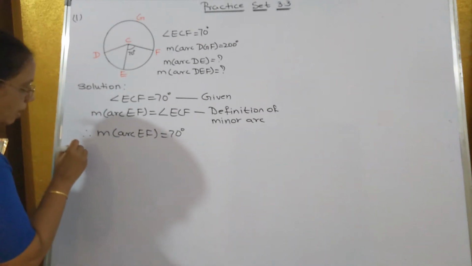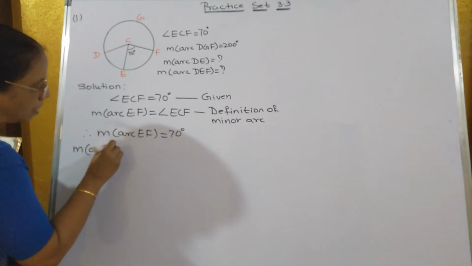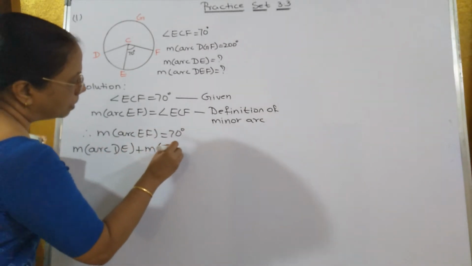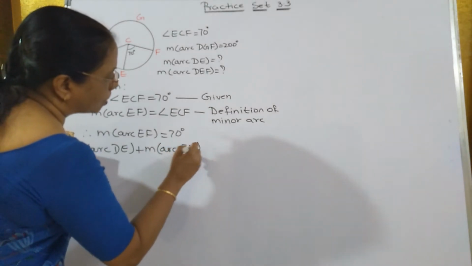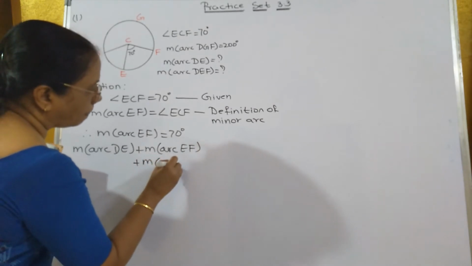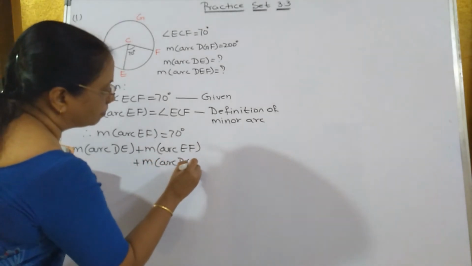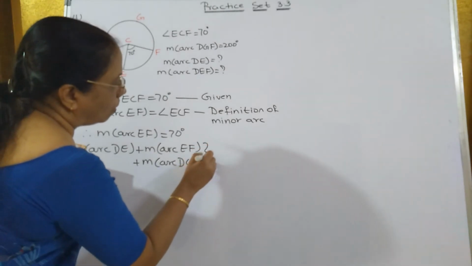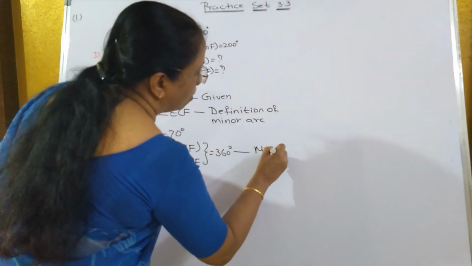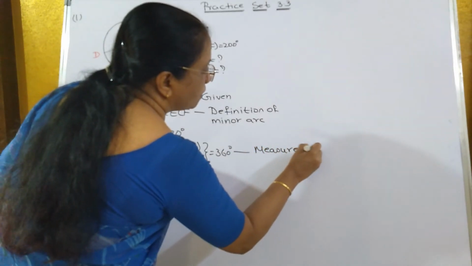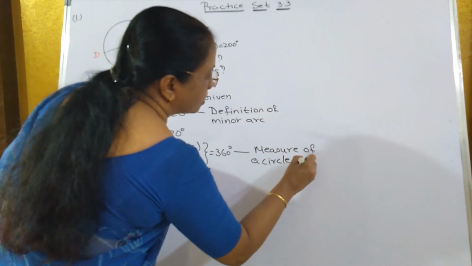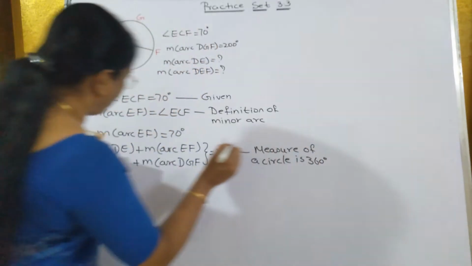So measure arc DE plus measure arc EF plus measure arc DGF all is equal to 360 degrees. Reason what you'll write? Measure of a circle is 360 degrees.